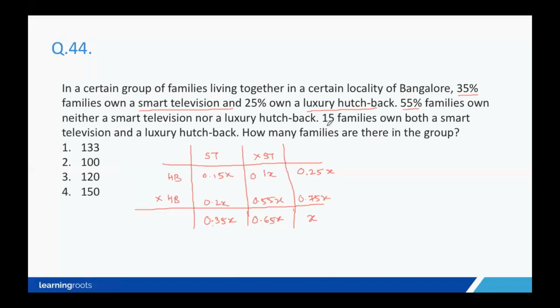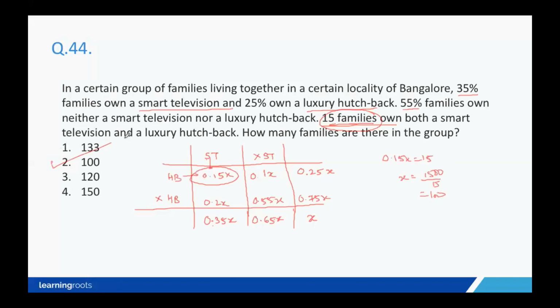What else is given? 15 families. Note that this is not a percentage, this is an actual number. So 15 families own both a smart television and a luxury hatchback. So clearly 0.15X will be equal to 15, and X will be equal to 1500 by 15, which is equal to 100.